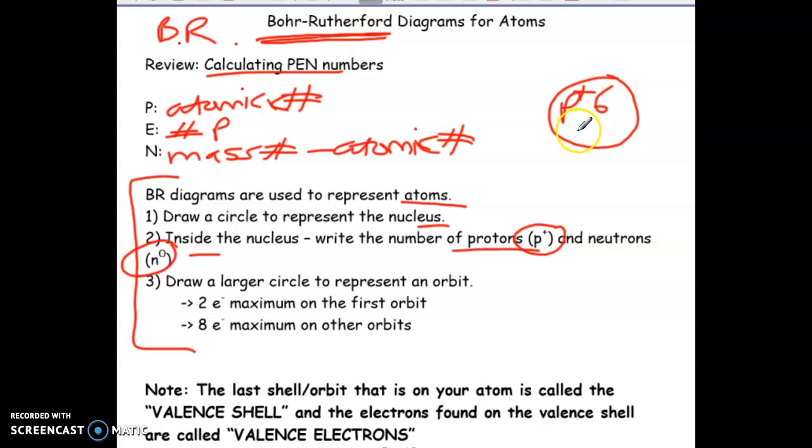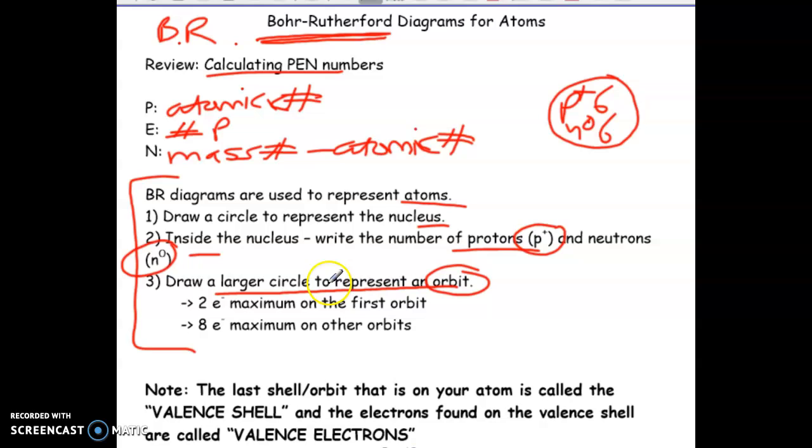We have 6 protons and 6 neutrons for the nucleus, right? So there's our nucleus, it's done. Now we're going to draw circles around this nucleus, larger circles, and these are going to represent the orbits or energy levels or energy shells, whatever you want to say. They all mean the same thing, right?